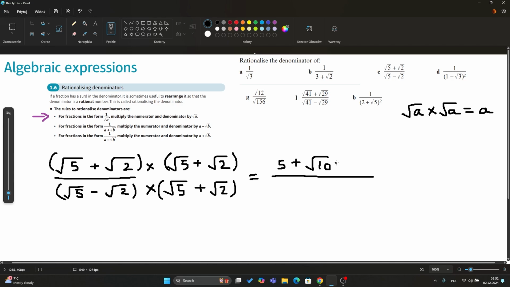We got root 2 times root 5, which is root 10. And also we got root 2 times root 2, which is 2. And the bottom is 5 minus root 10 plus root 10 minus 2. So at the bottom we have 3, and at the top we have 7 plus 2 root 10.